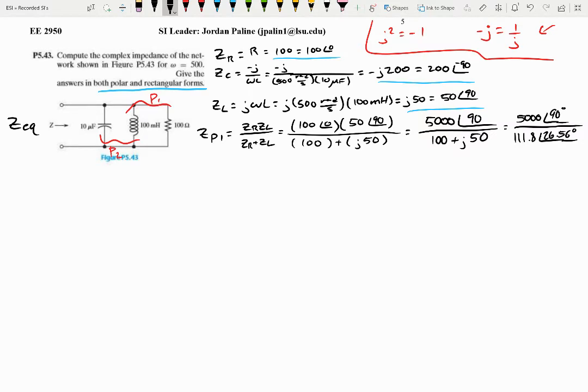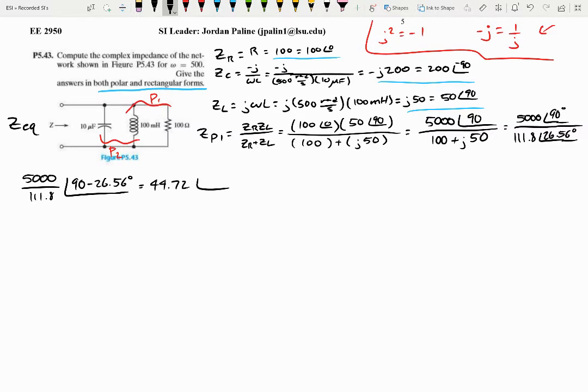Now since we're doing this division, we'll just do 5,000 divided by 111.8, which gives us 44.72.